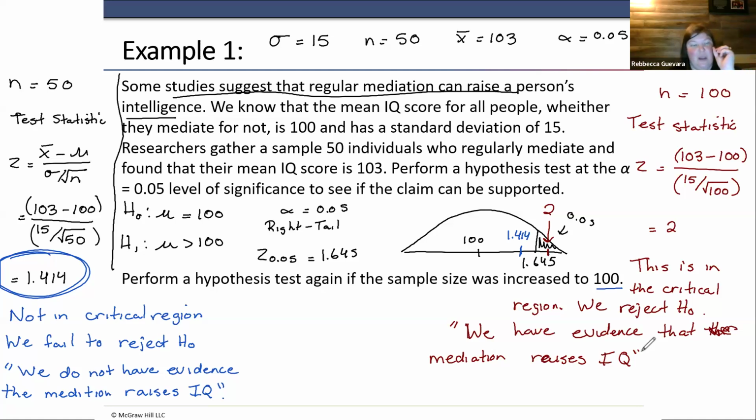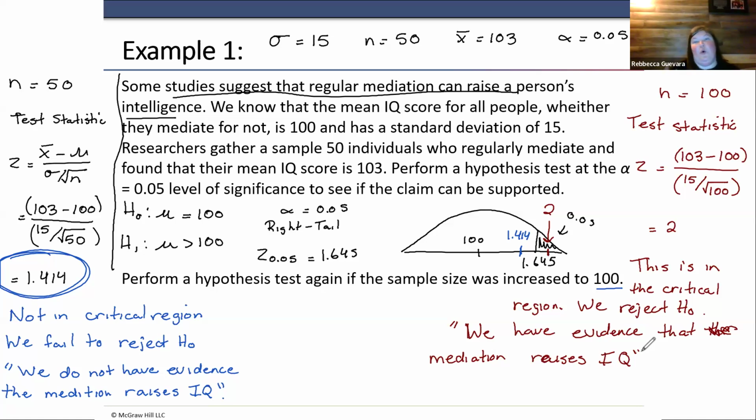Because, like I said, if I collected one individual who meditates, I could expect that their IQ could be 80. I can expect it to be 120.